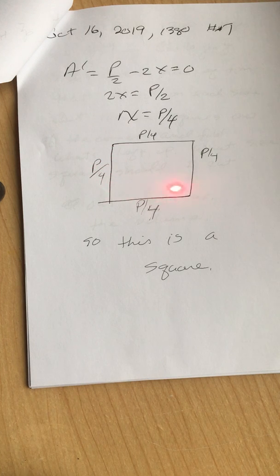Look at this. That's a square. If I have a square, then each side is 1/4 of the perimeter. And so I've shown you from that one rectangle problem something you might have guessed if you thought about it, that the maximum area that can be obtained from a rectangular shape is if you make a square.